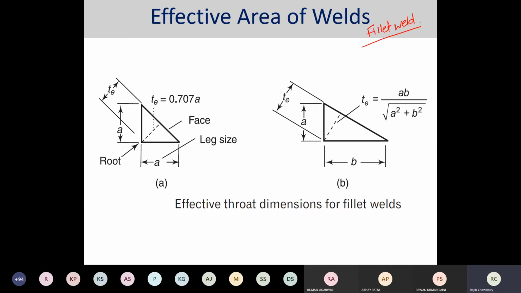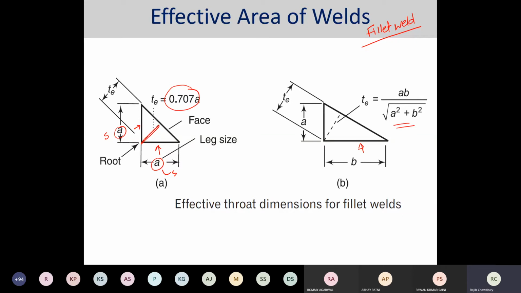Similarly for the fillet weld, if both the leg sizes are the same, let's say this is A or S and this is also A or S, then this effective throat thickness TE you can calculate easily from here. If there is an unequal leg size, then also you can calculate in this particular way.